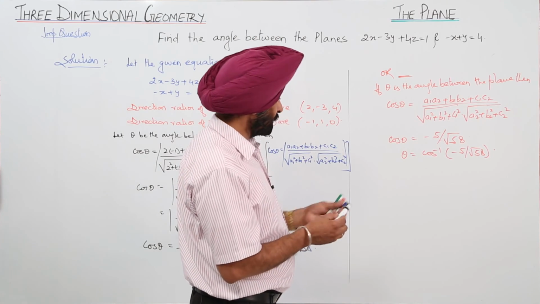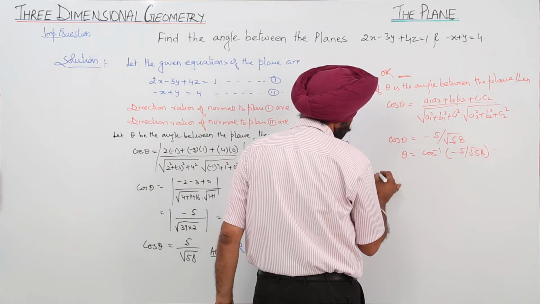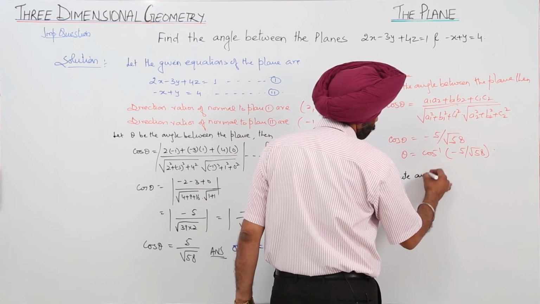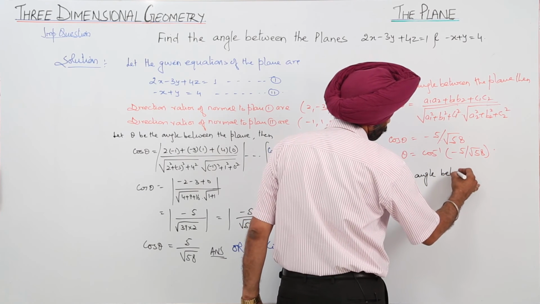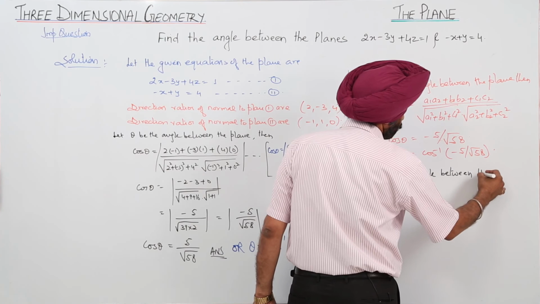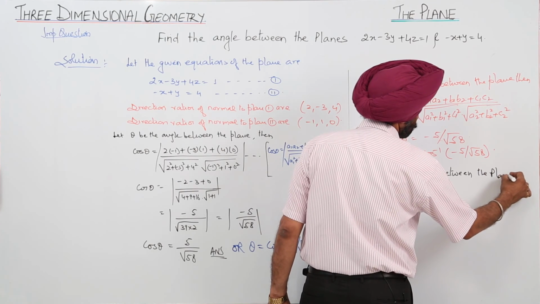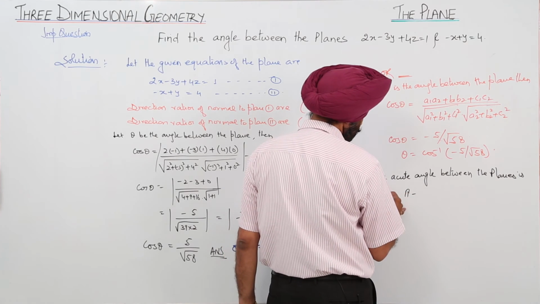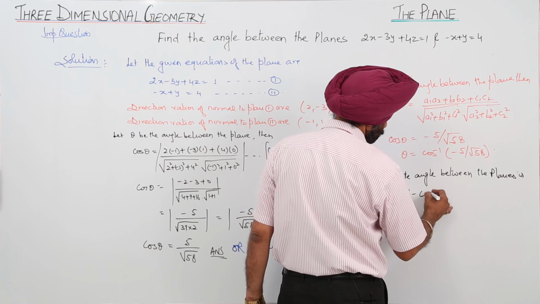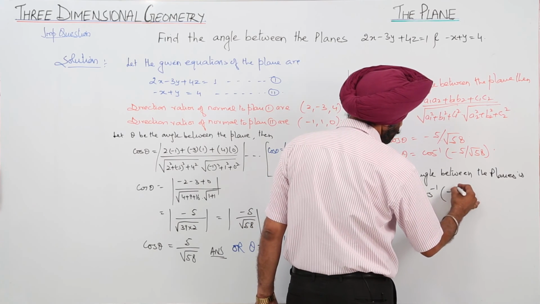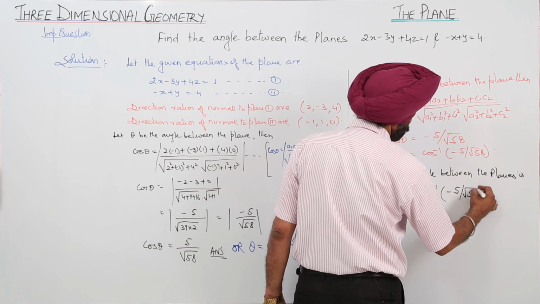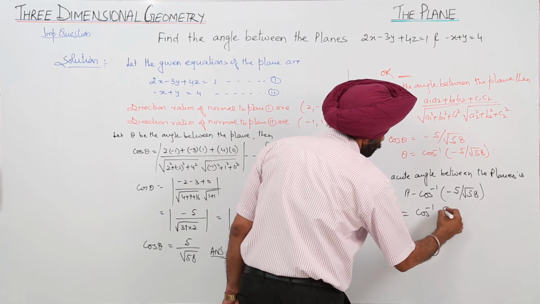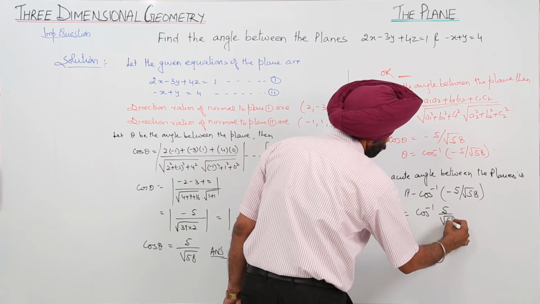So what can we write? We can write the acute angle between the planes is pi minus cos inverse of negative 5 upon square root of 58, and this is equal to cos inverse 5 upon square root of 58.